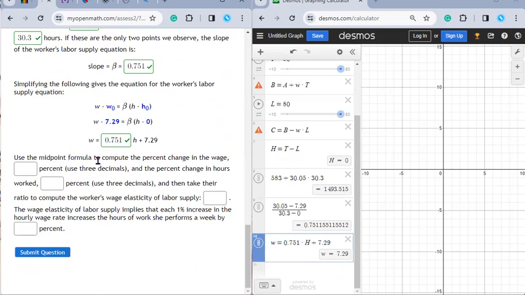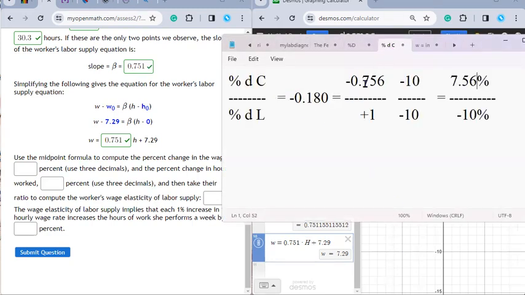We're going to use the midpoint formula to compute the percent change in the wage. We have the percent change in the wage and the percent change in hours worked, right?